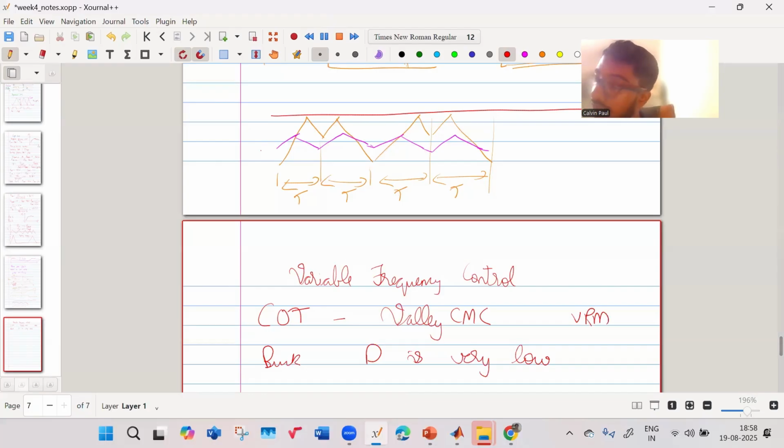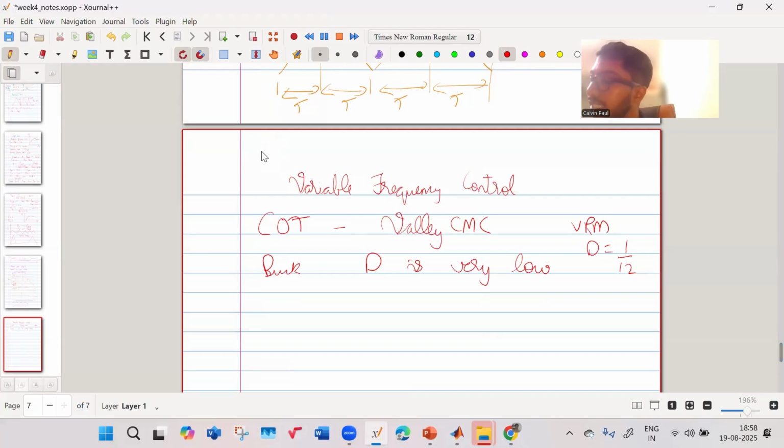In VRM application, the duty will be around 1/12 because your output is 1 volt, input is 12 volt. In such a case, peak current mode control doesn't work because the time duration which is on is very small. Your gate pulse is on for such a small duration.